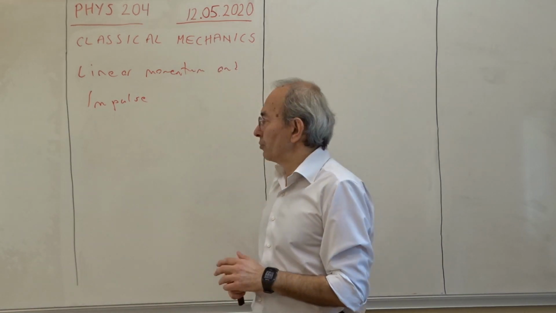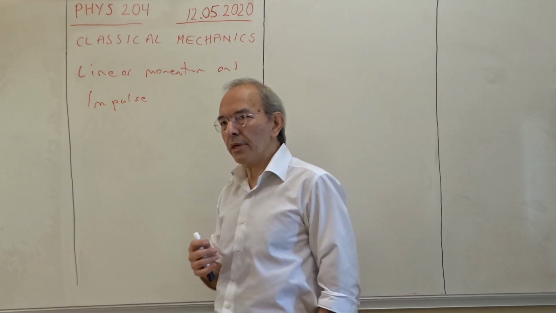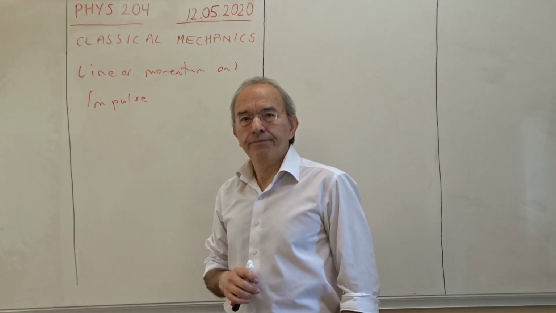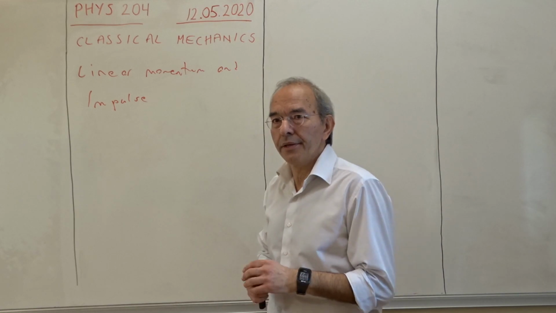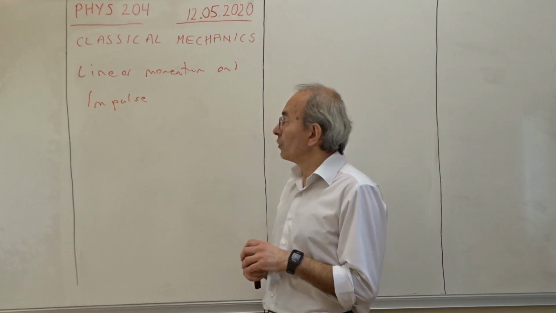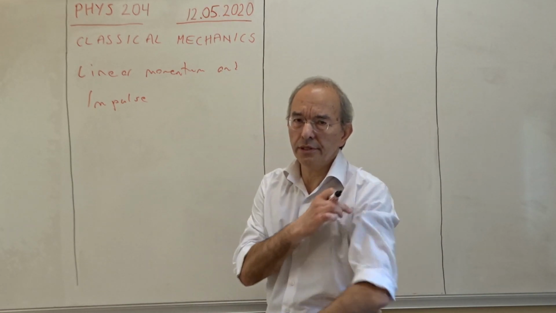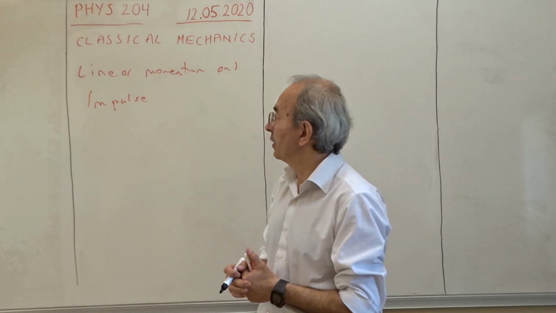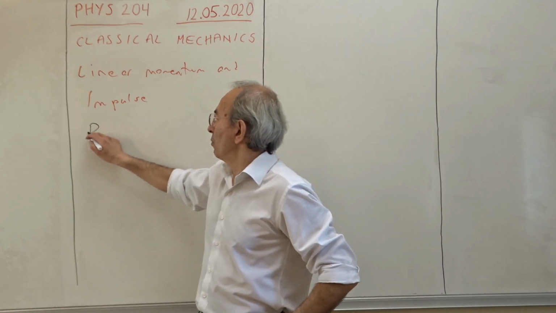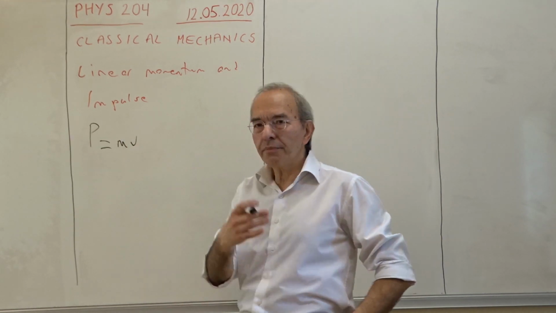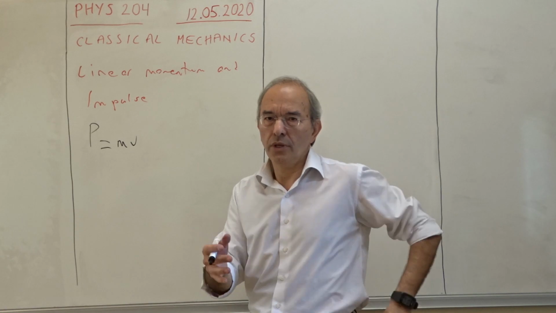But just to refresh the memory, let's talk about it to some extent and then consider some examples. Linear momentum, as we know, is the product of the mass and velocity of a particle, any object.